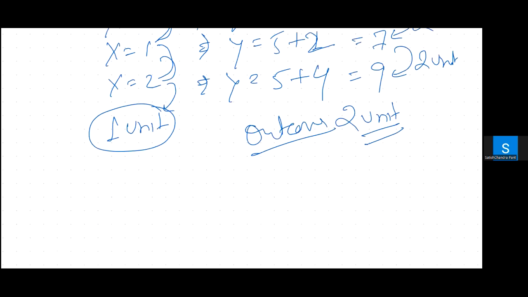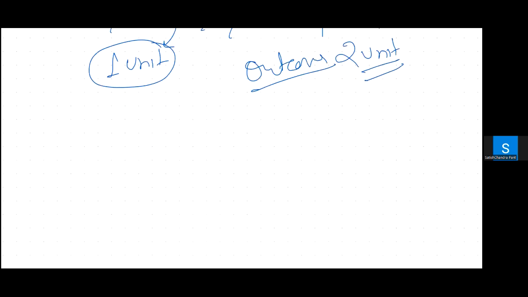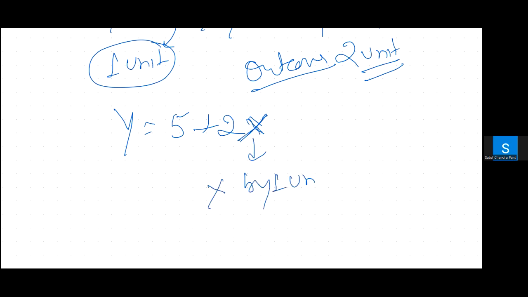That means if you write this equation and try to understand the relationship between x and y, as and when you increase x by 1 unit, your y would increase by 2 units, right?